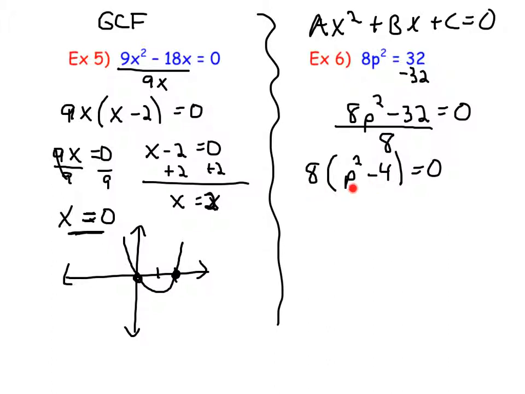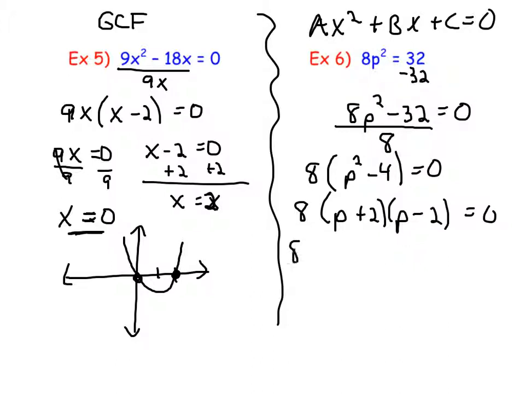Well, this is called the difference of squares. Remember, we learned about this. So I can keep factoring this, because this is a perfect square, that's a perfect square, and we have a minus sign. So I'm going to have an 8, and then I take a p and a p, and then the square root of 4 is 2. So remember, I put a plus 2 and a minus 2. So now I have 3 different factors that multiply to get this polynomial. So I'm going to set each factor equal to 0.